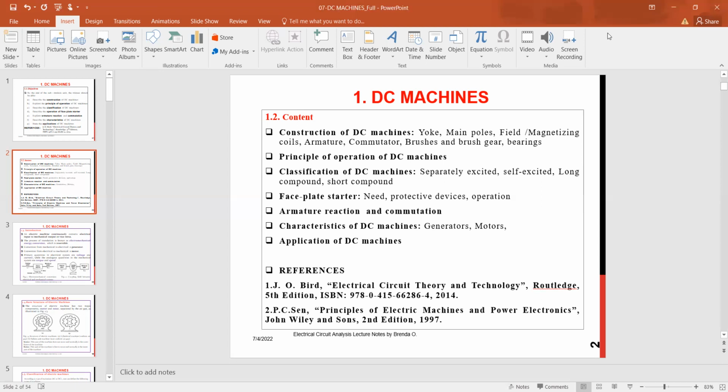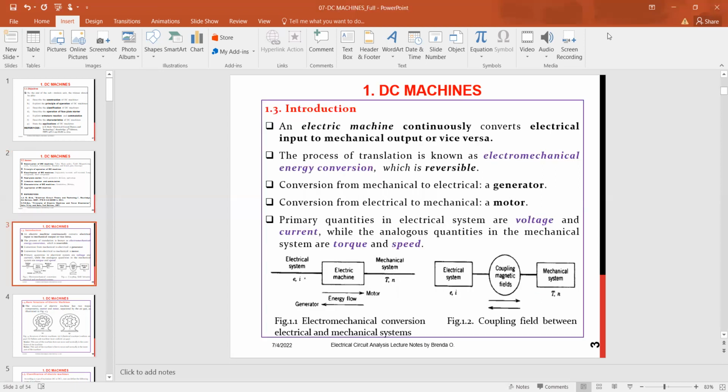Then moving to our content on the introduction of DC machines, the conversion in DC machines can either be mechanical to electrical or electrical to mechanical. So an electrical machine continuously converts electrical input to mechanical output or mechanical input to electrical output.